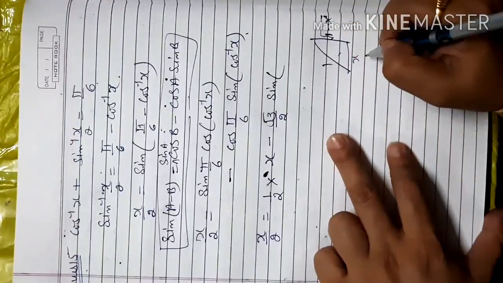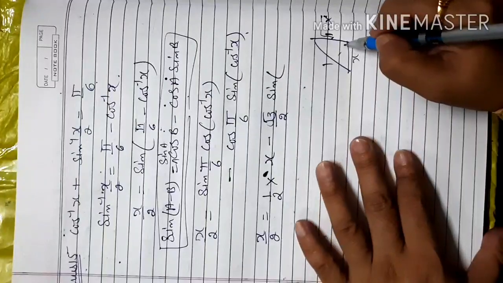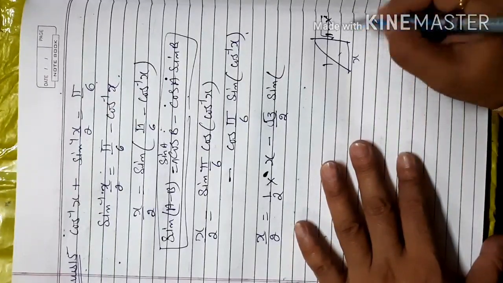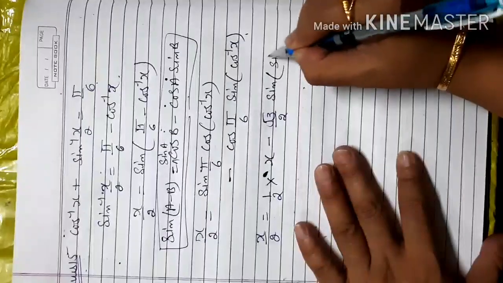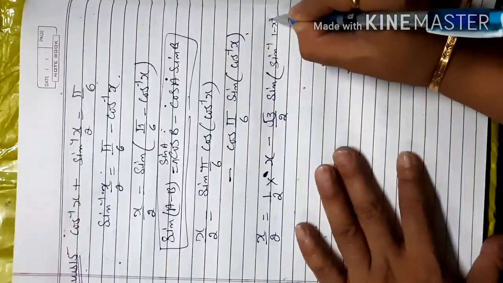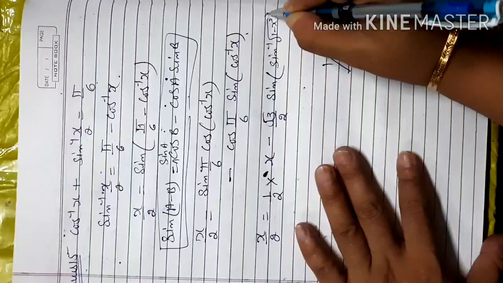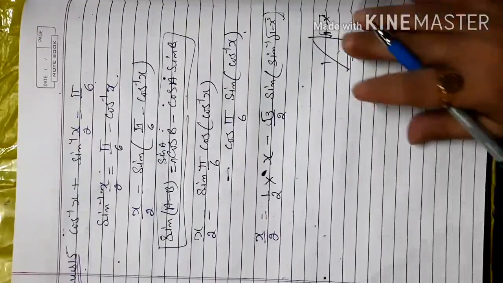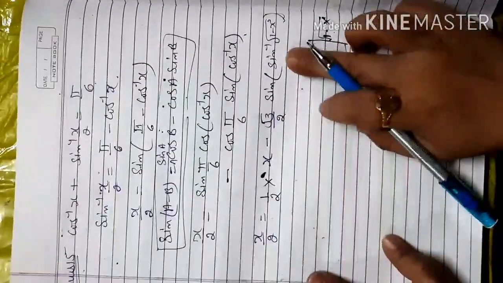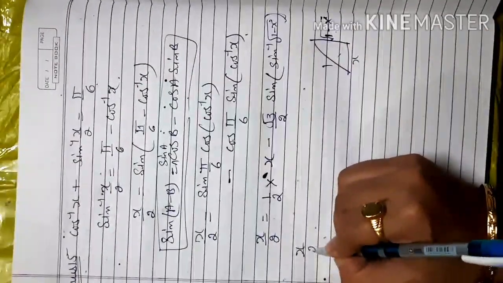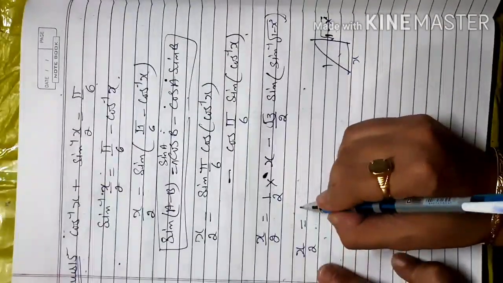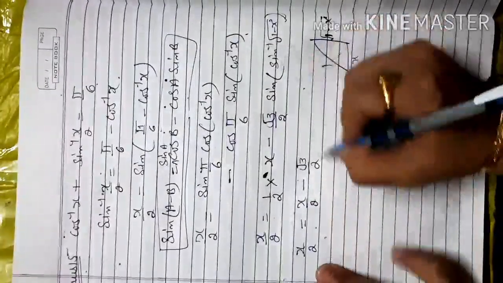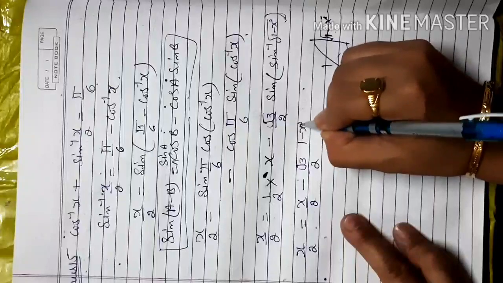That means if I want to convert into sine inverse x, so that becomes sine inverse root of 1 minus x square, that is perpendicular upon hypotenuse, that is equivalent to cos inverse x in the conversion property. Now here sine inverse is cancelled.